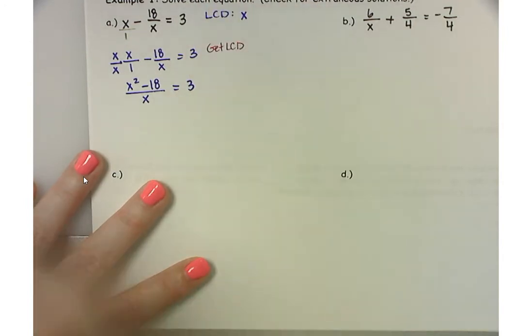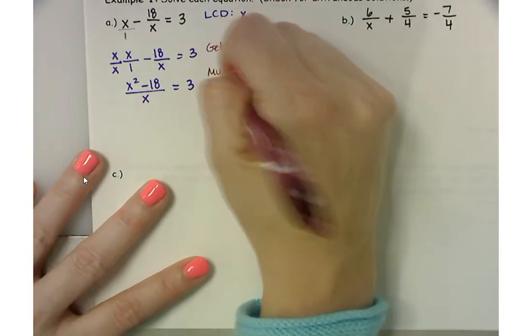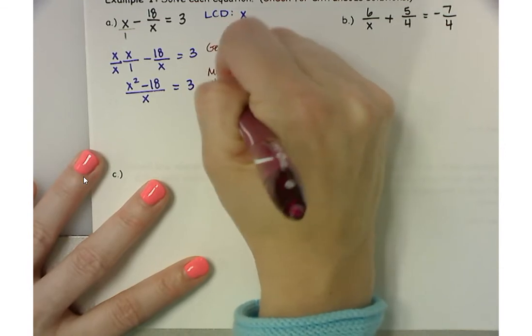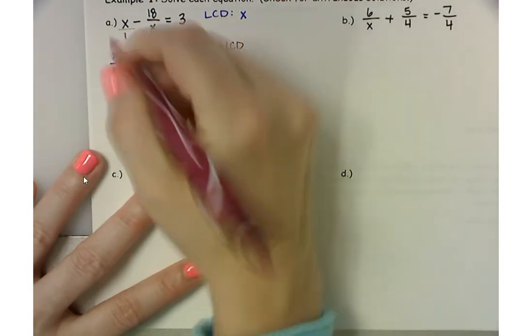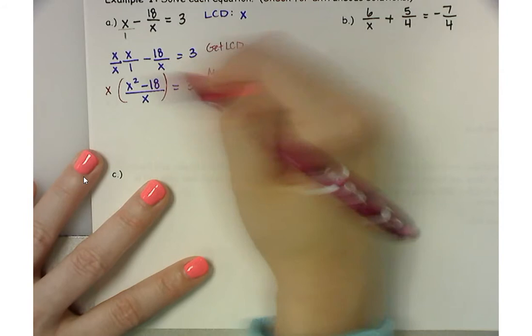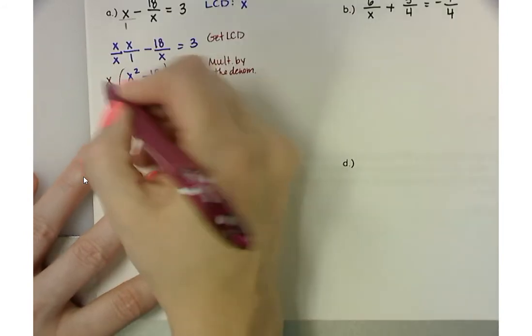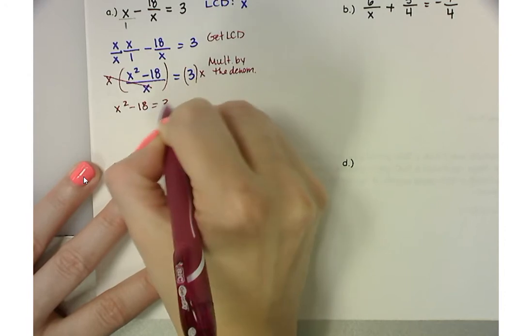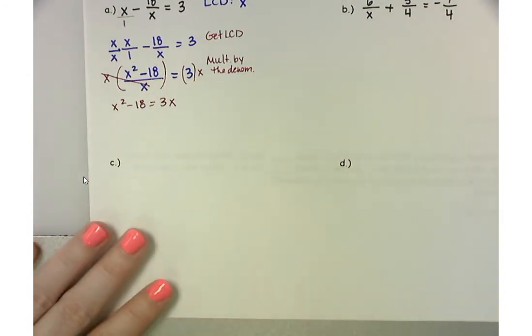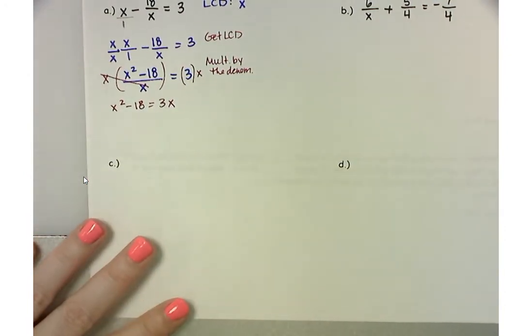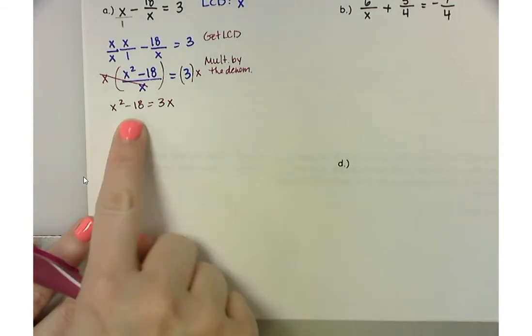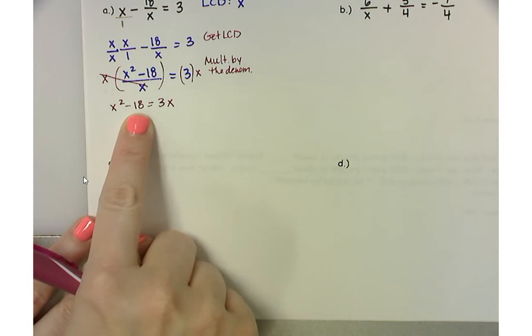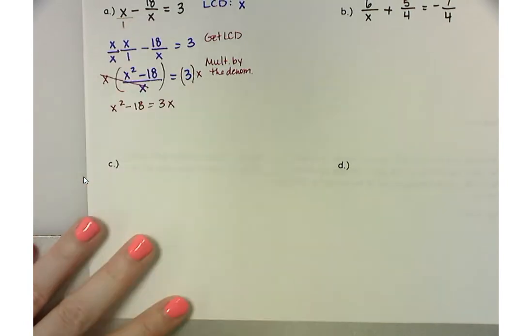If I multiply both sides by x, those will cancel. So I have x squared minus 18 equals 3x. One thing you do not want to do here is divide by x. If you did that, you would have the 18 over x again and you'd just be at step 1 again. Notice here I have an x squared, I have 3x, and I have negative 18.